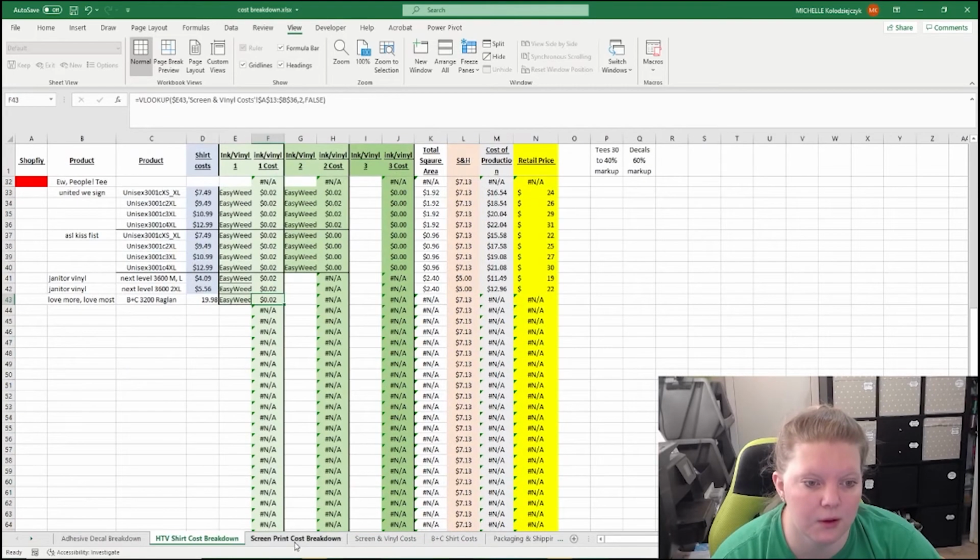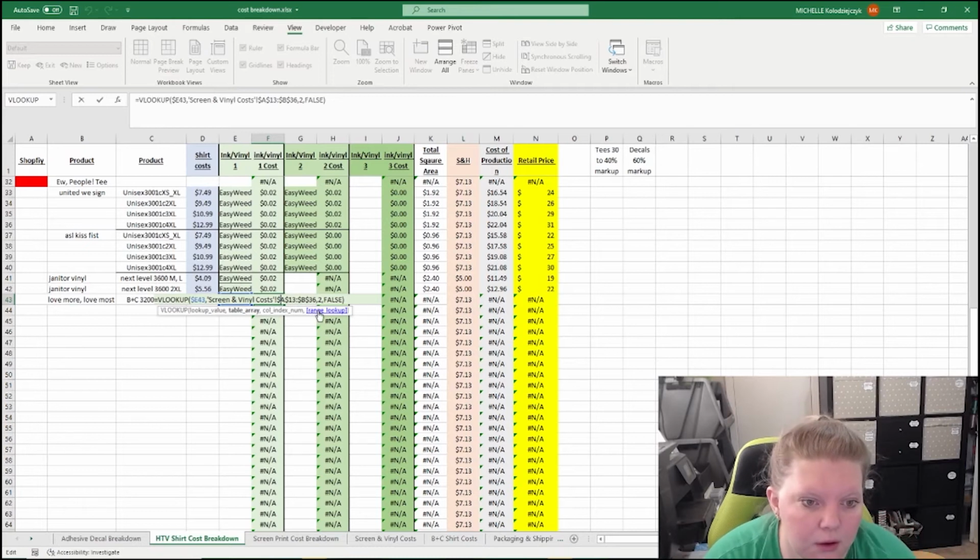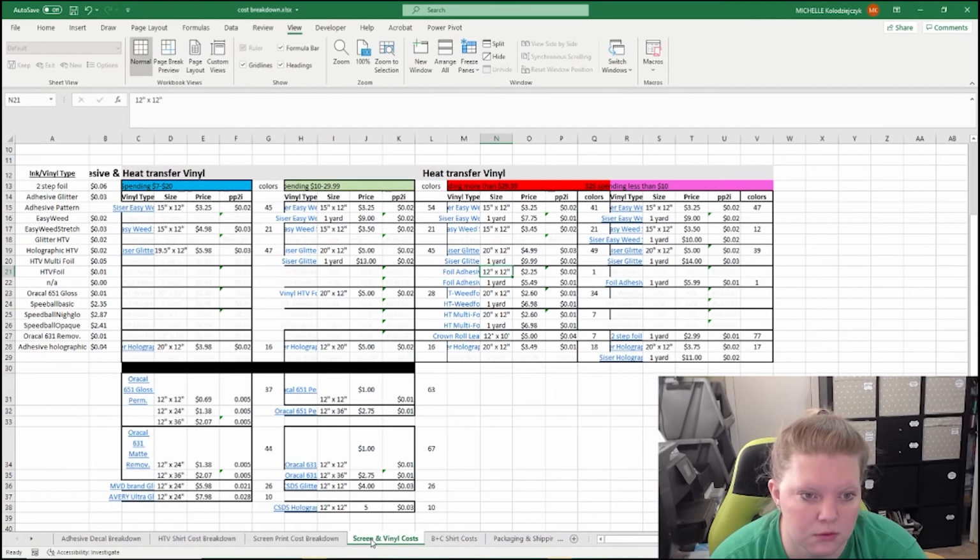And this one is linking back to vinyl cost A13, B36, or something in there.